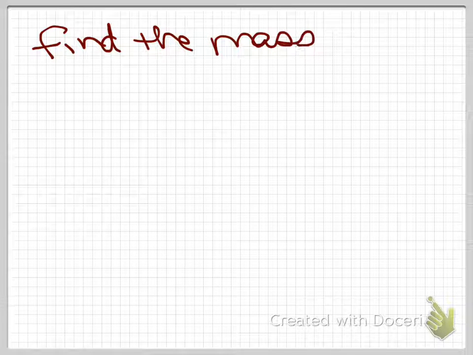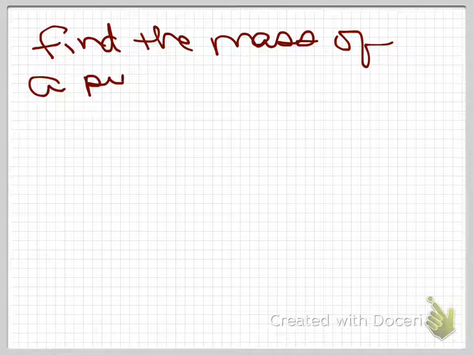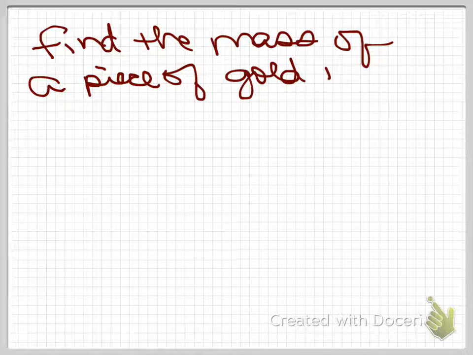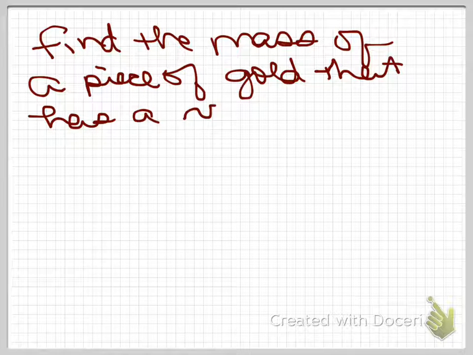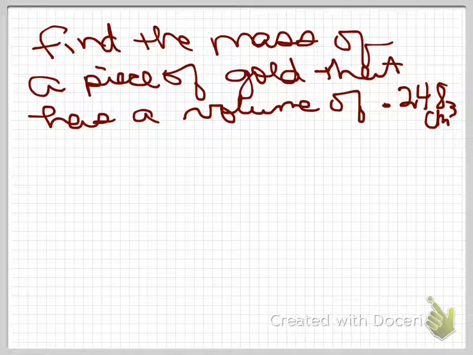What if I told you to find, this is on your worksheet, the mass of a piece of gold that has a volume of 0.248 cubic centimeters.